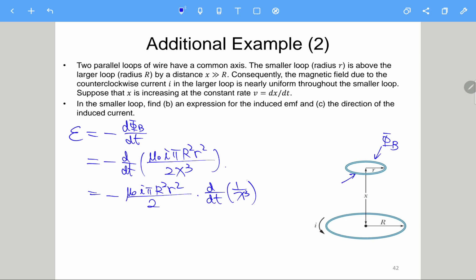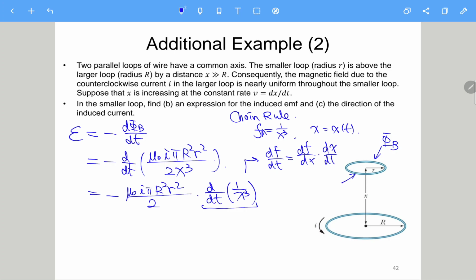You can imagine this is the chain rule. It is like f is 1 over x cubed, and x is actually a function of time. So we have df dt, which is df dx, since f is a function of x, and then according to the chain rule we multiply it by dx dt.